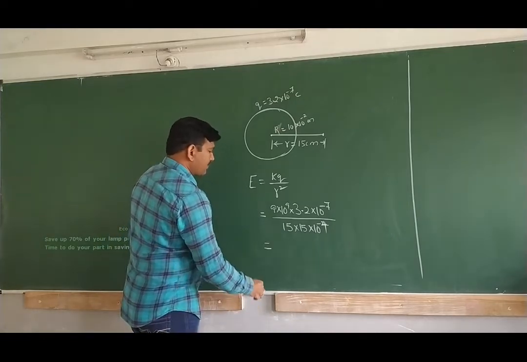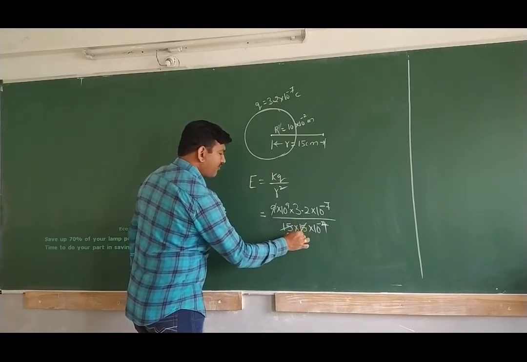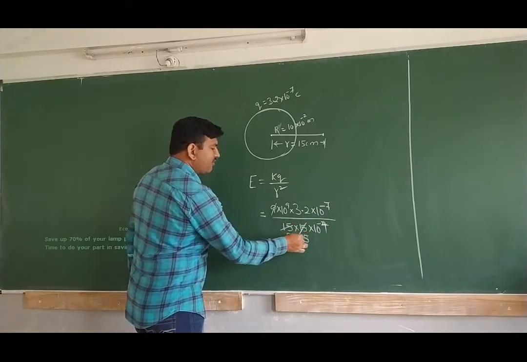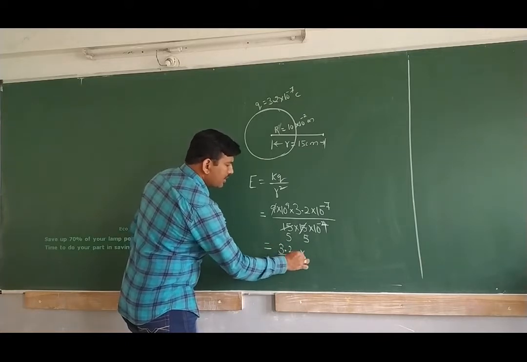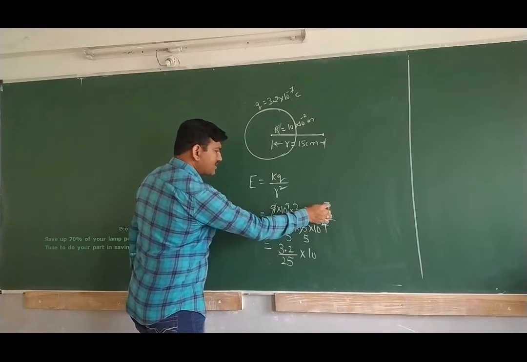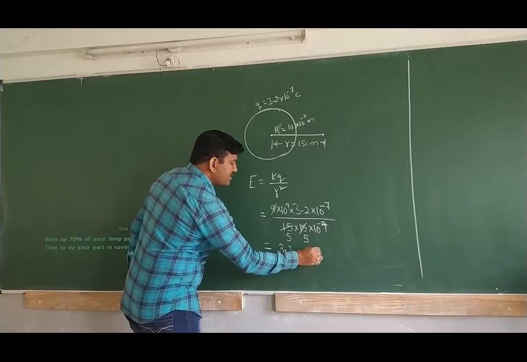So now you see here, 3 goes here 5 times. This is 5 into 5, 25. 3.2 divided by 25 into 10^-7 and 10^9 is there, 10^2. 10^2 divided by 10^-4 is 10^6.